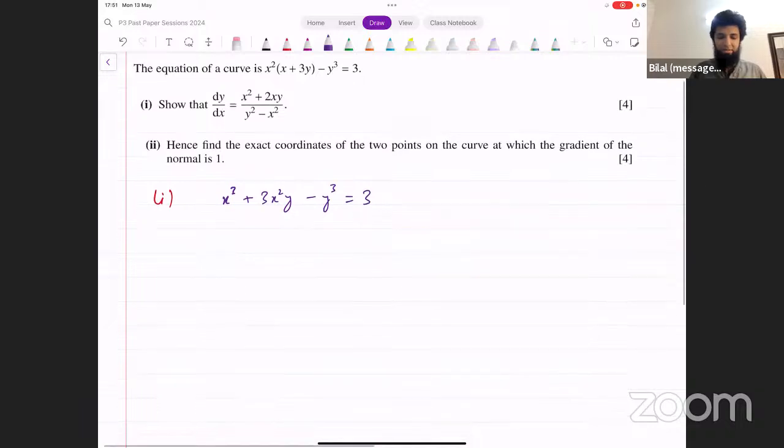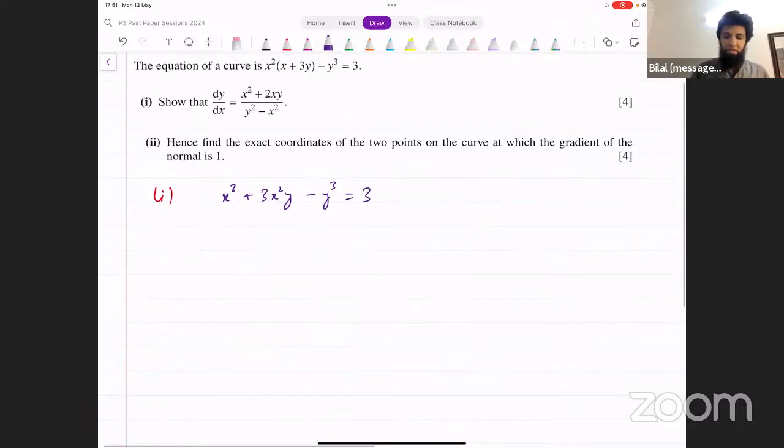This is the simplified form. Now, I can differentiate both sides with respect to x. You do not necessarily have to write it down, but this is what you have to do.